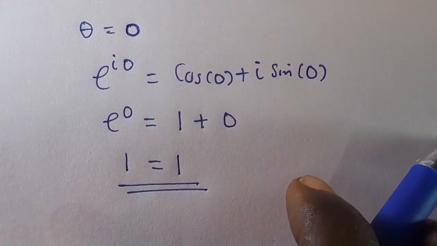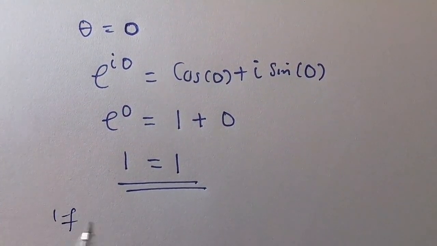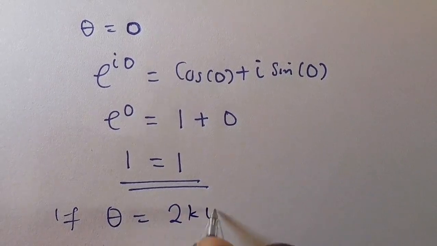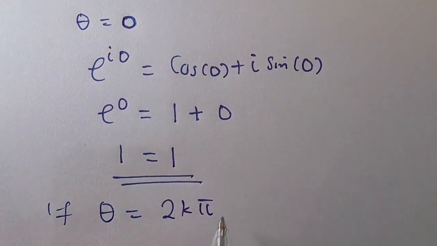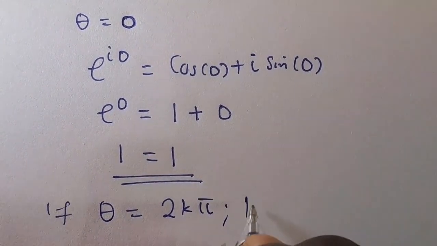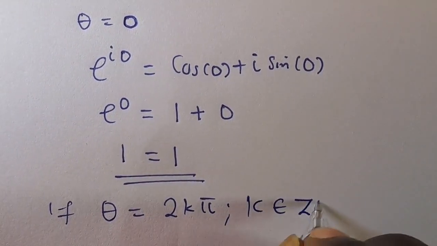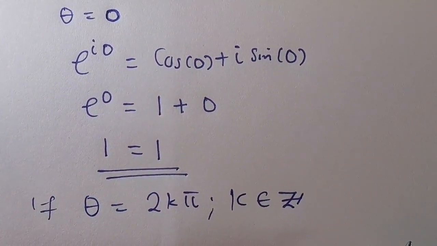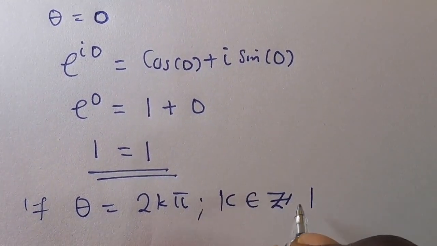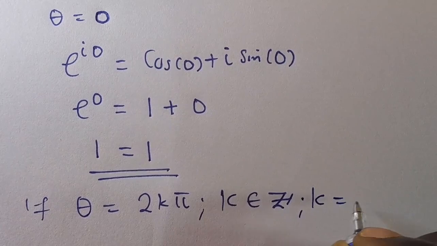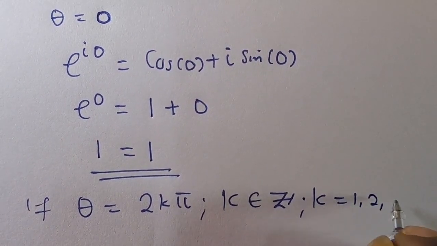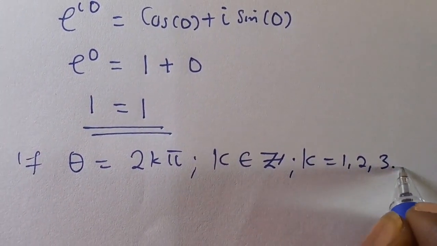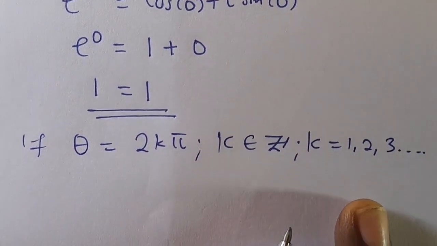Now, if we set our theta to be equal to k pi, such that k is a member of the positive integers, k equals 1, 2, 3, let us see what will happen.